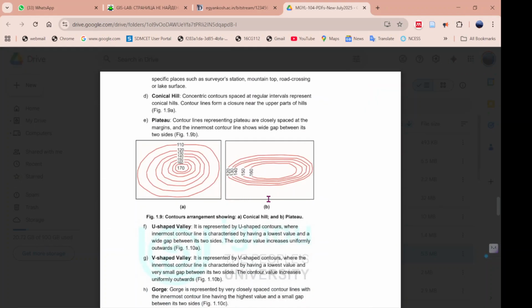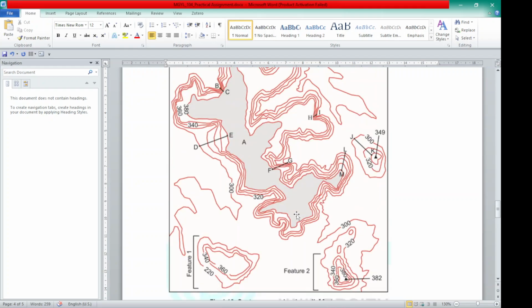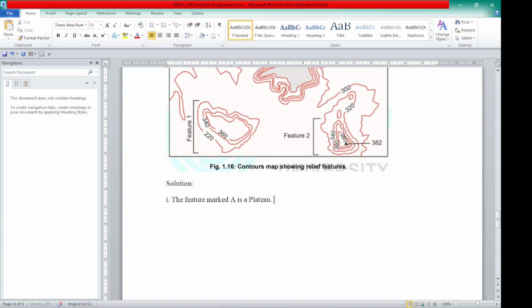Here, contour lines representing a plateau are closely spaced at the margin, and the innermost contour line shows a wide gap between its two sides. So we will justify this. I won't show you the justification that I'm writing. I would suggest that you write your own, so that there is no plagiarism.